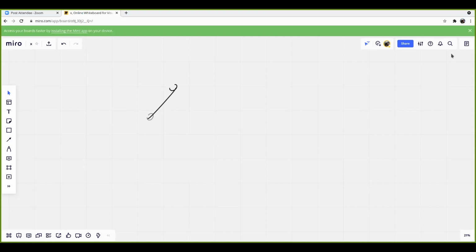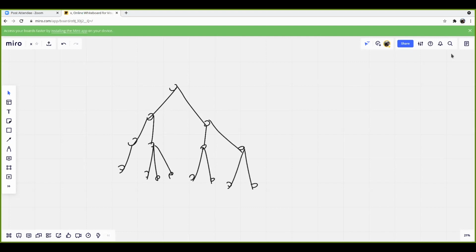Let me again start by drawing some kind of a tree. And this time we will focus on two separate events for each of the vertices.